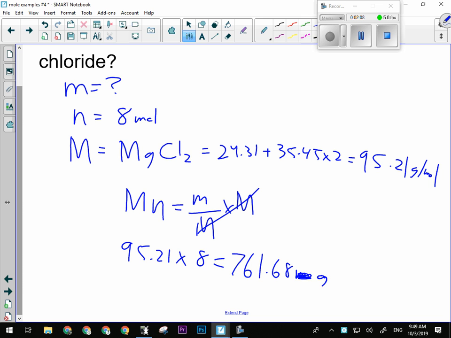Sorry, not moles, grams. For number 2, neither of those ones involves using Avogadro's number, so they're the basic ones. Questions on number 2?